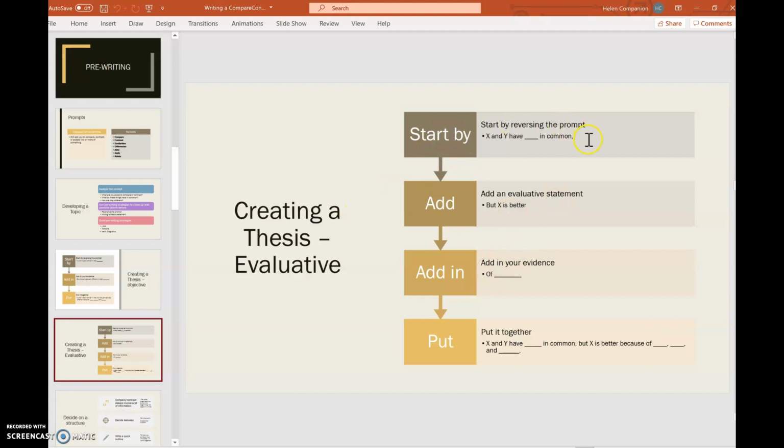So you'll start by reversing the prompt. X and Y have blank in common, but X is better. This should be because instead of or. So I can actually change that while I'm in here. Okay, because blank, and then you'll put it together. X and Y have blank in common, but X is better because of blank, blank, and blank.